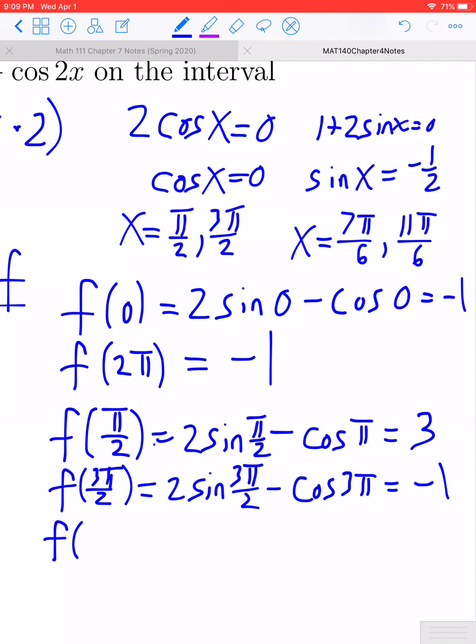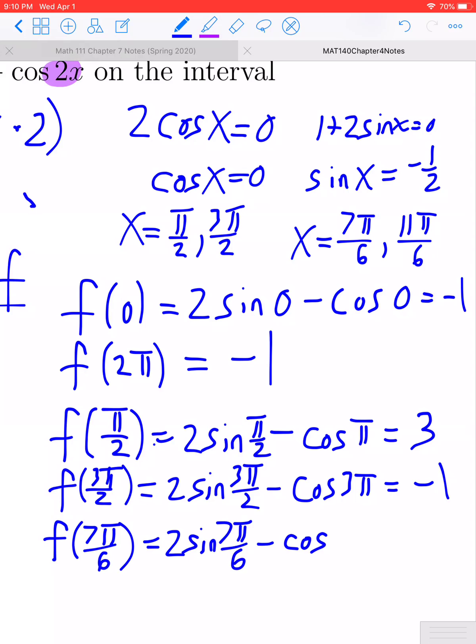We're now going to look at f of 7 pi over 6. This is going to be 2 times the sine of 7 pi over 6 minus the cosine of 2 times 7 pi over 6. That would give you 7 pi over 3.